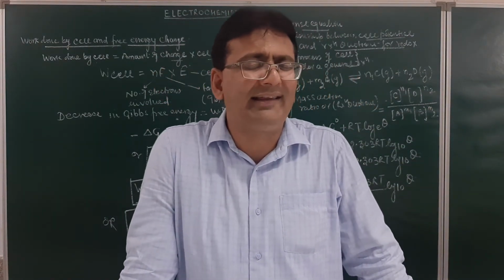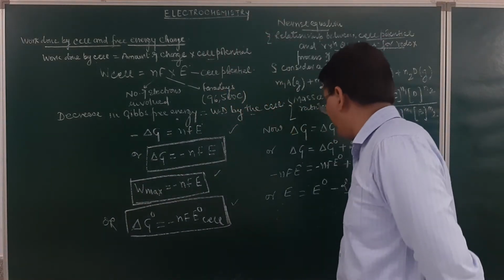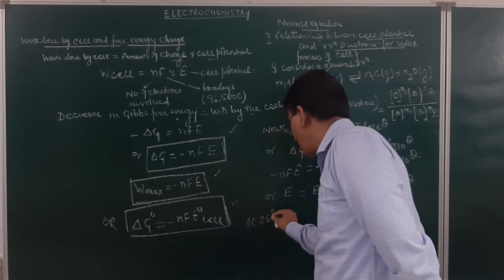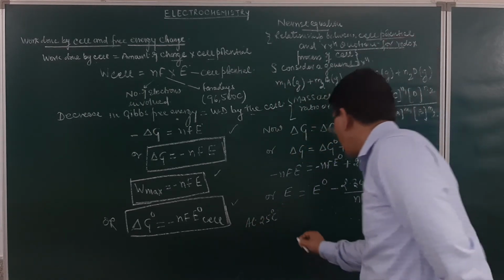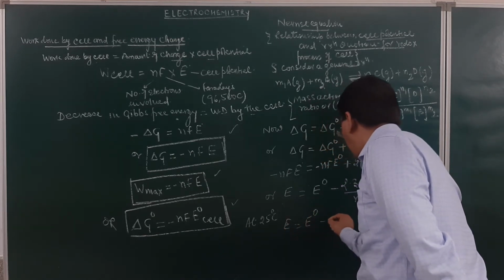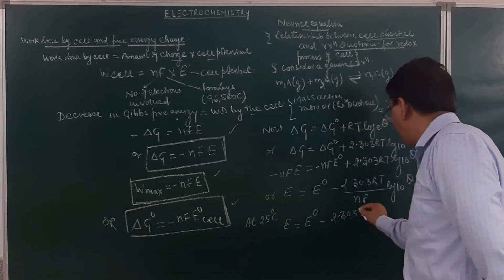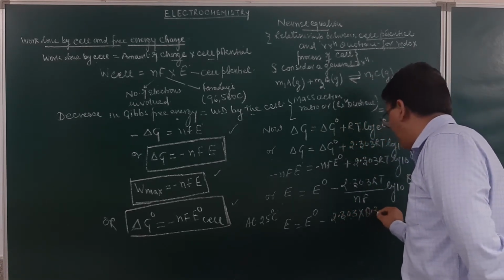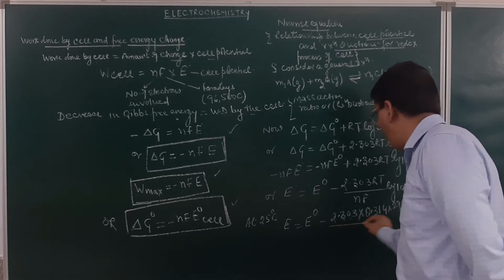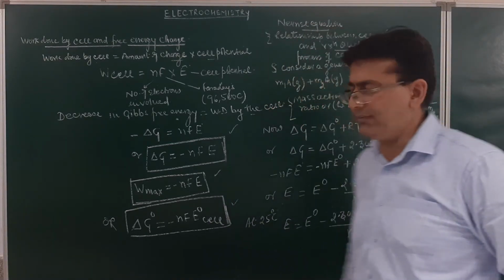Now if you consider the standard condition of 25 degrees C, we may put in all the values. E will be equal to E naught minus 2.303. What will be the value of R? 8.314 into 298, upon N. Faraday charge will be 96,500 coulomb.